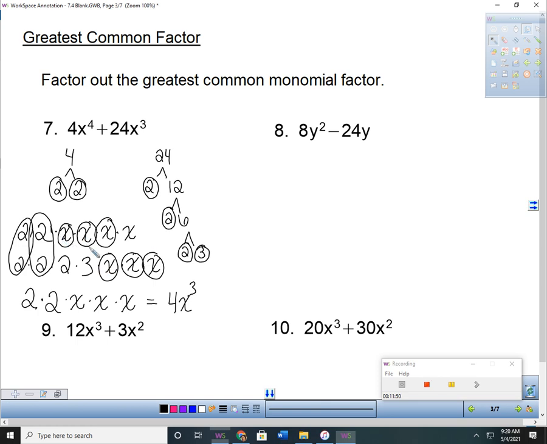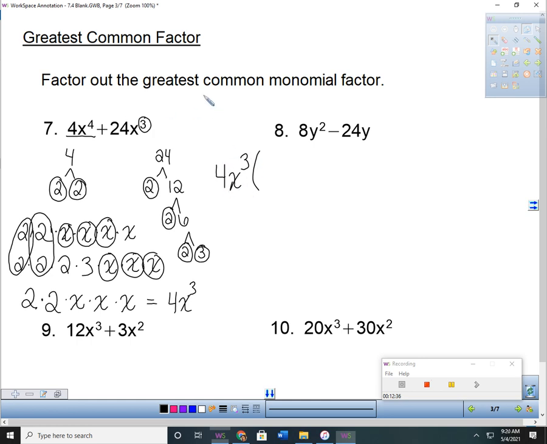All right, now I do want to point this out. Since you're matching x's, the smallest number of x's you have is your common x value. So I have 4 here and 3 here. Then I know that I'm going to end up taking out x to the third. All right, so you're going to put the 4x to the third on the outside of a parenthesis. And what you're going to do is take this term and divide it by the common factor.